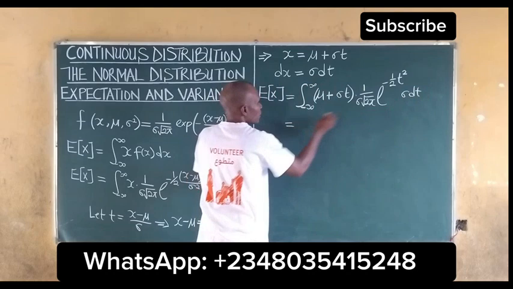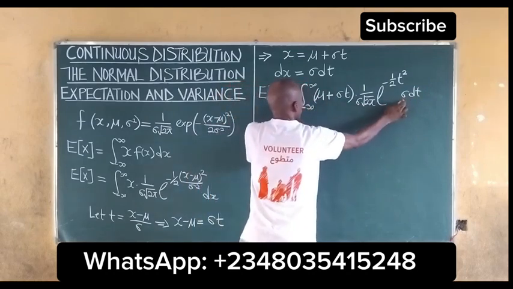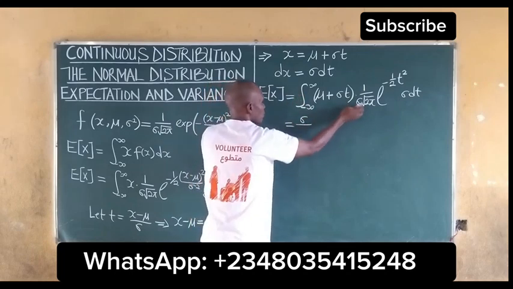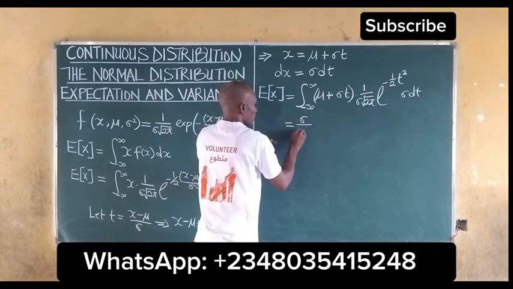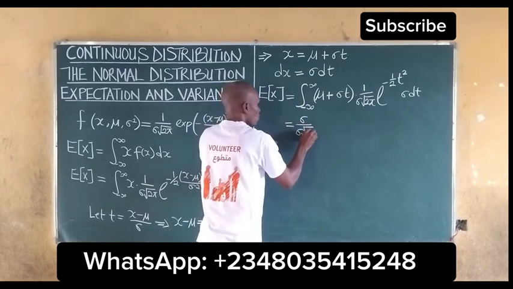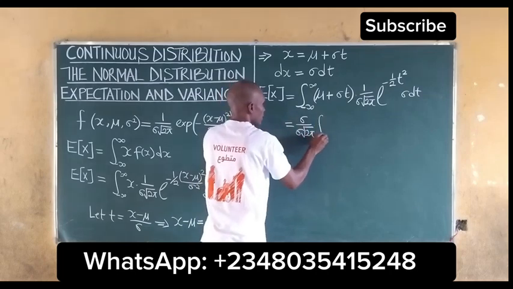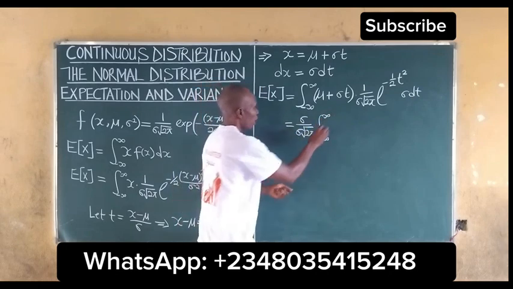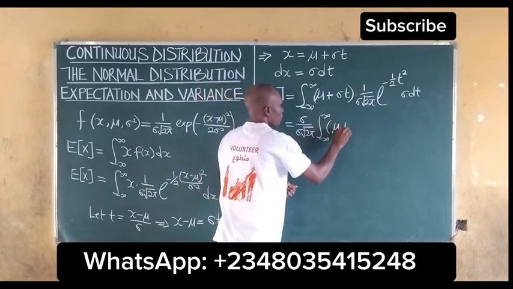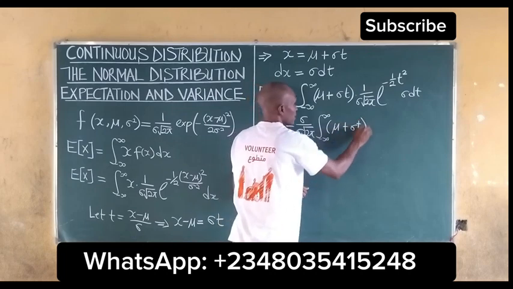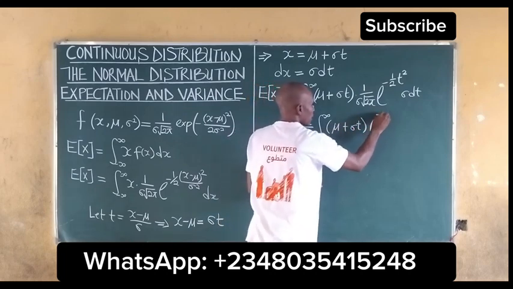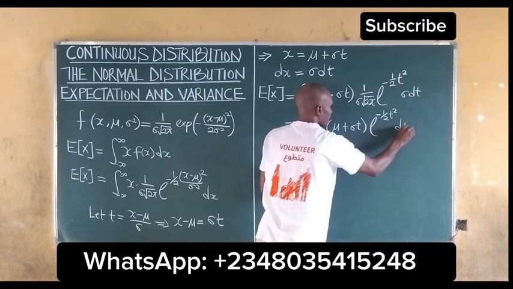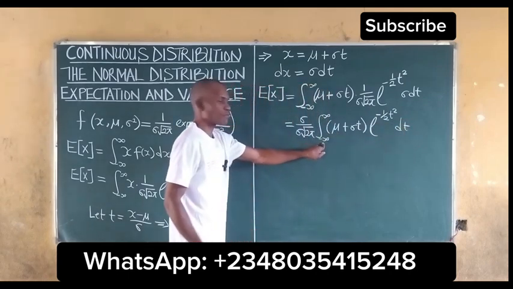Of course, we can bring this sigma up to give us sigma all over sigma, so it cancels, and we are left with mu plus sigma t, exponential negative 1 all over 2 t squared dt. So this is what we are left with.